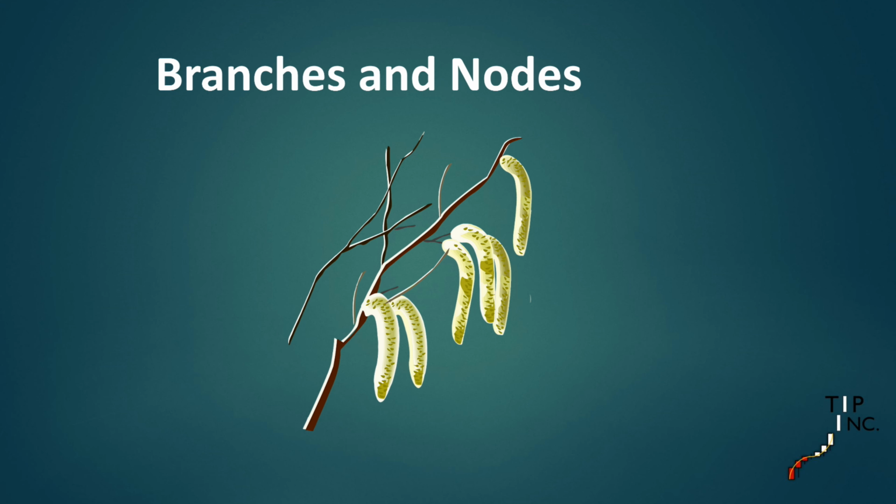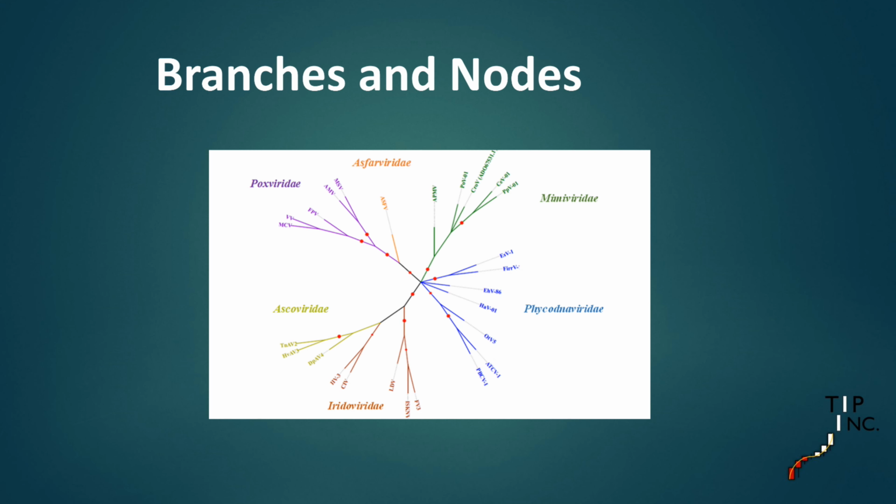You may not be familiar with the anatomy of a tree, but there's the xylem and the phloem, and it sends up water based on the branches and the nodes. Okay, so when it comes to a point, it's got to make a decision. It's either going to one branch or the other. Okay, and those are the nodes.